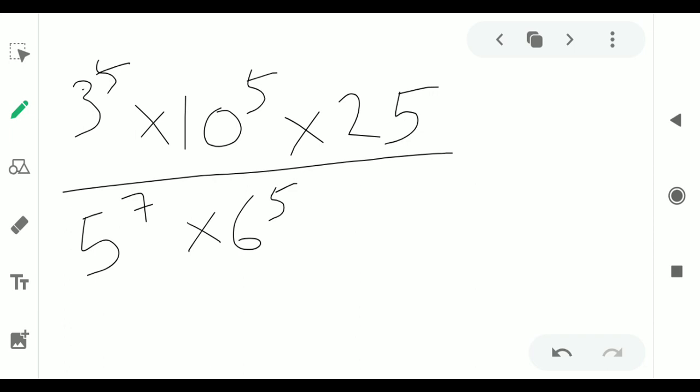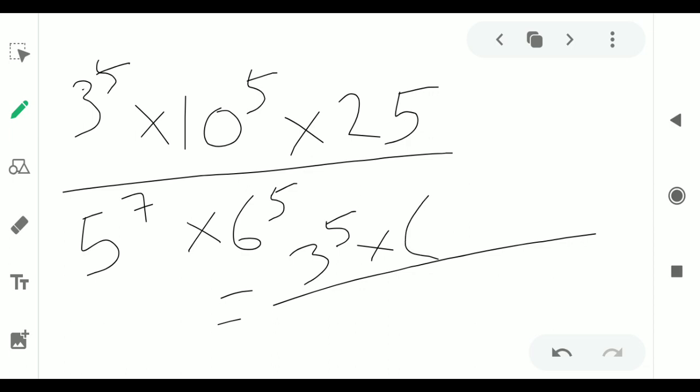Okay, let's see. 3 to the power 5 stays as it is, into 10, which we can write as 2 into 5, whole to the power 5, into 25, which means 5 into 5, that is 5 square. Understand?